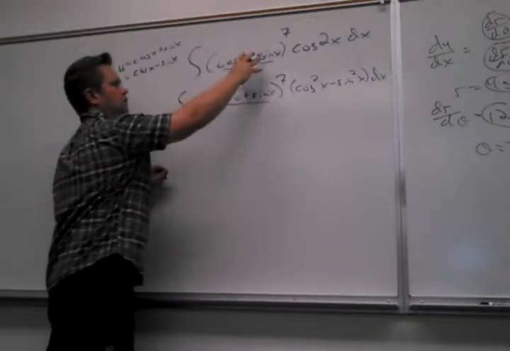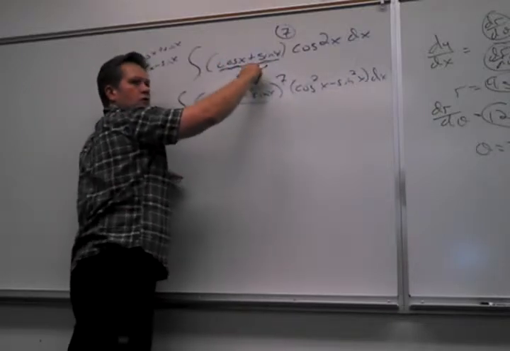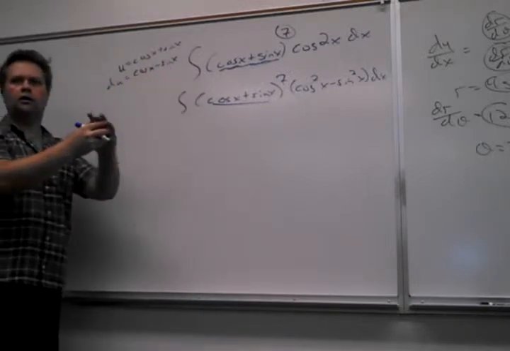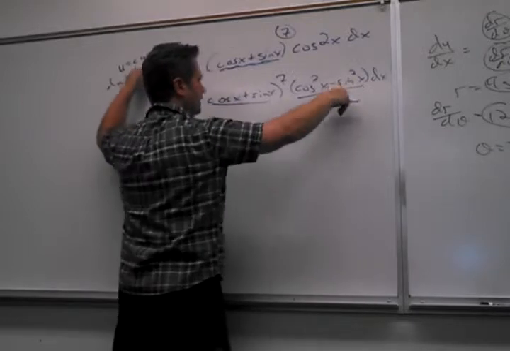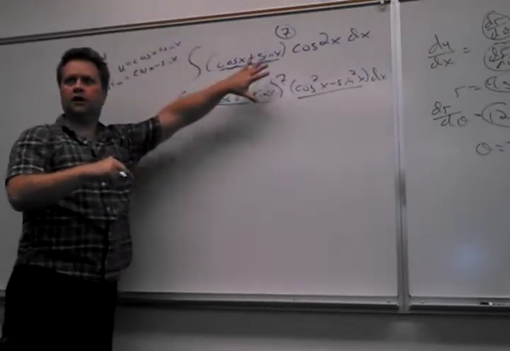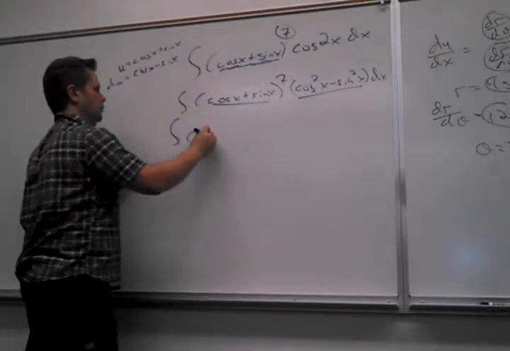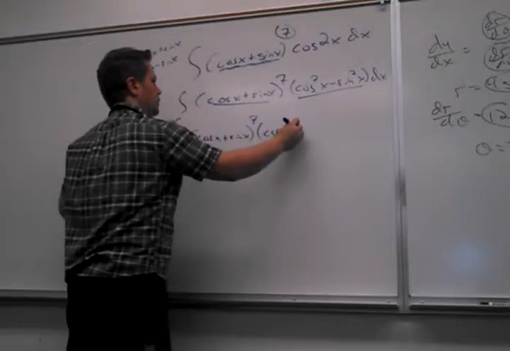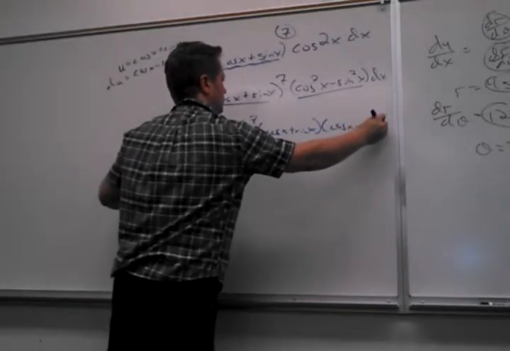I know this is probably going to be u sub because it's 7. I know then that this is going to have to be u. I might as well figure out what du has to be and see what I can do to make that show up. And sure enough, this guy's got that in it, and another one of these, because it's just a difference of squares. So the integral of cosine x plus sine x to the 7th, times cosine x plus sine x, times cosine x minus sine x.